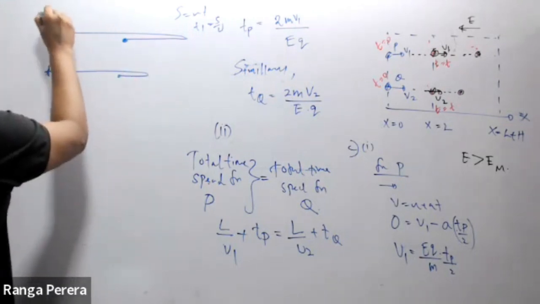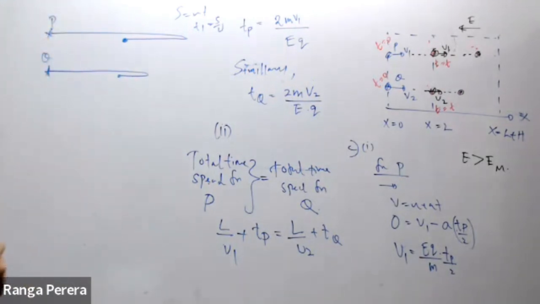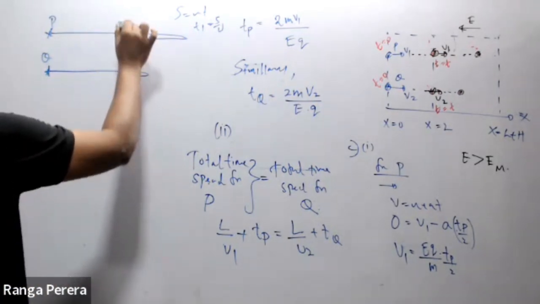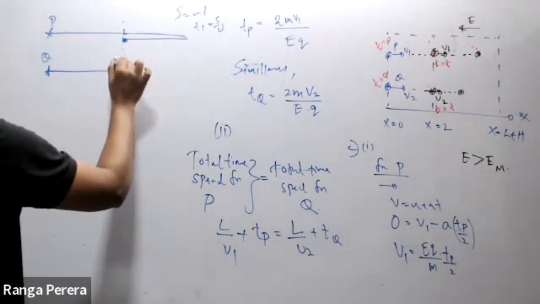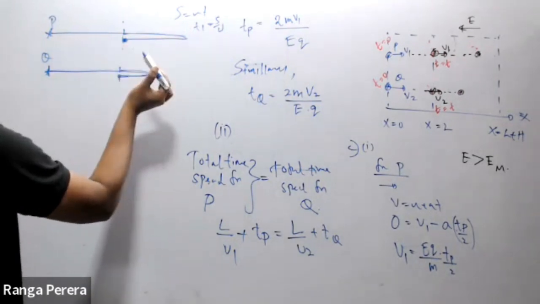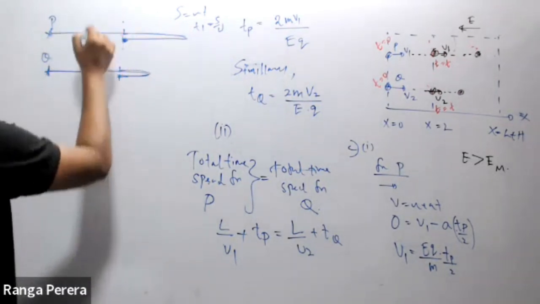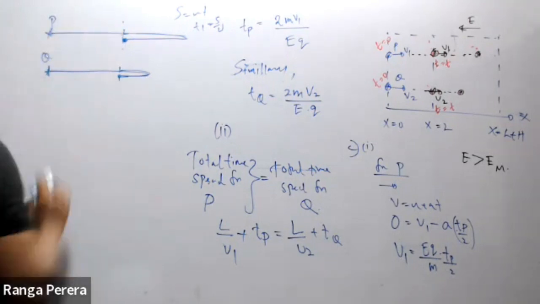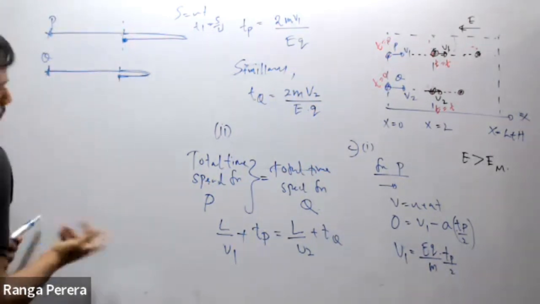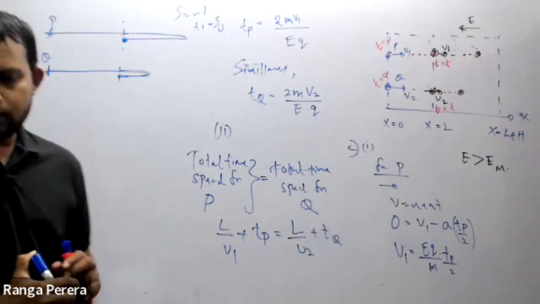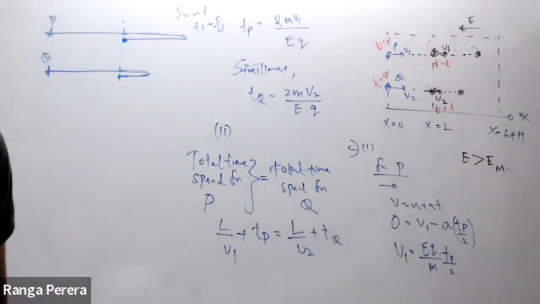This is for the P and this is for the Q. These are possible things. From here to there it is TP, from here to there it is TQ. මෙතන time එක අපි හොයාගත්තේ කොහොමද? Length divided by the velocity. Very simple. Okay then.